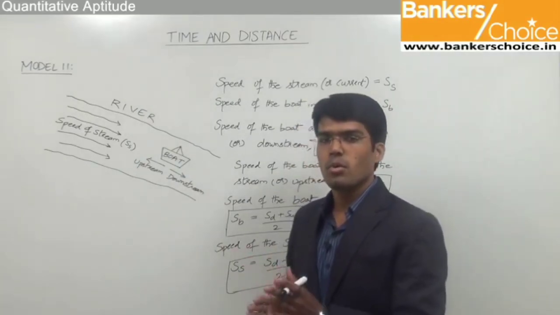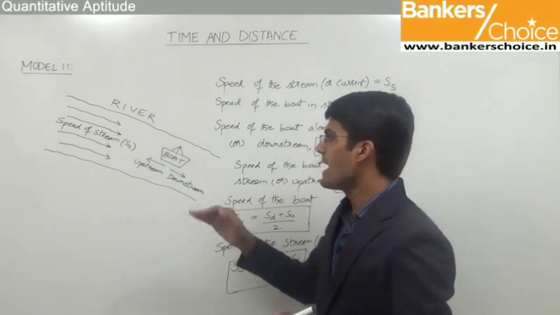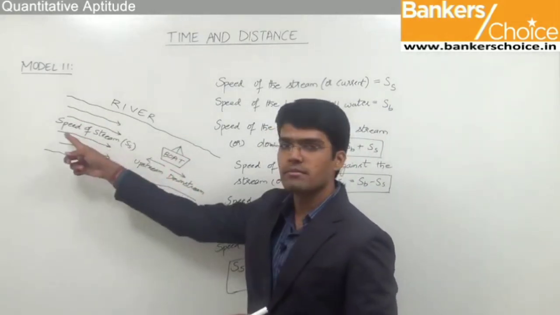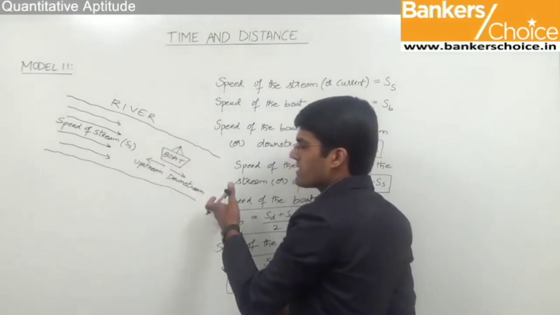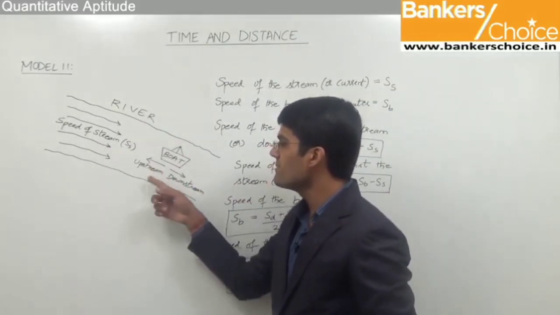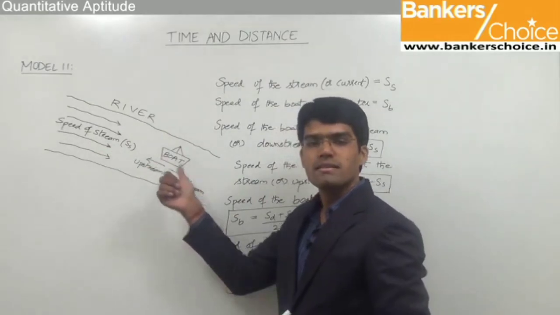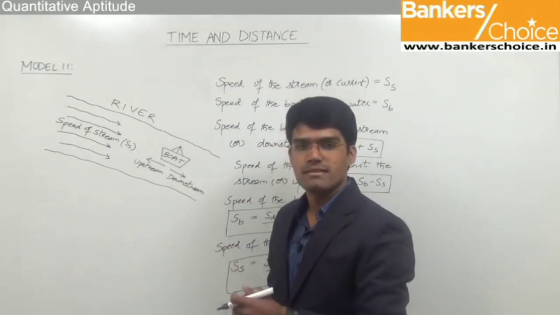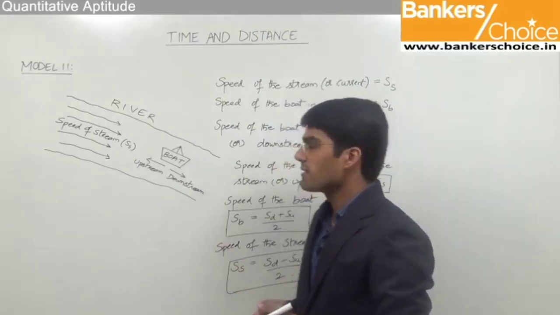Now here the boat can move in two possible directions. Either it can go against the flow of the stream, which is referred to as upstream, or along with the flow of the stream, that is downstream. So upstream is nothing but opposite to the stream, and downstream is nothing but in the same direction as the stream. So let us take what are the various possible cases in case of boats and streams here.